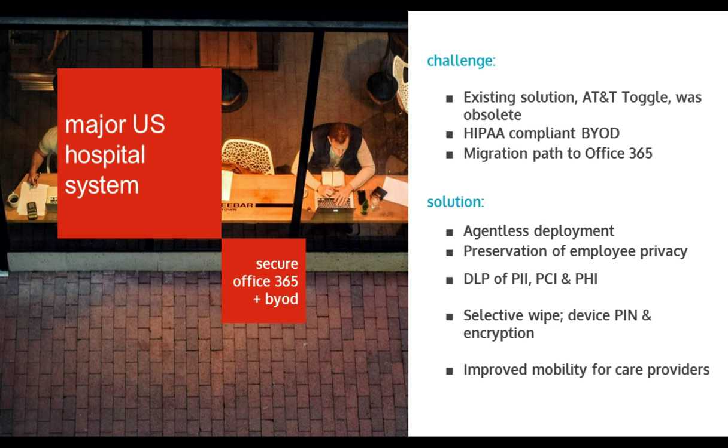And so what they wanted to do was essentially have an agentless solution where they could proxy the email traffic and be able to apply DLP for any PCI, PHI information and be able to selectively wipe that data without having to deploy MDMs, etc. So that was an example of mobile security for enterprises.